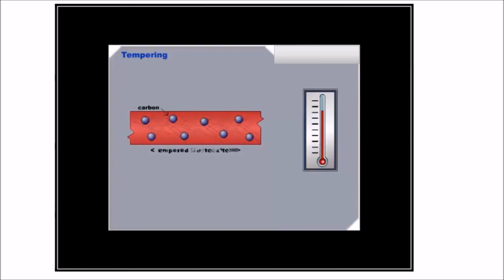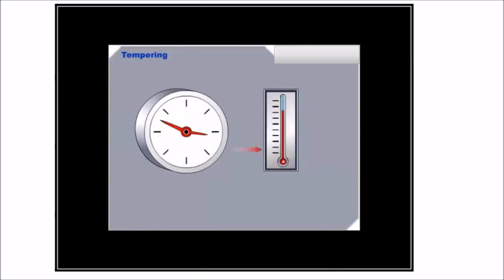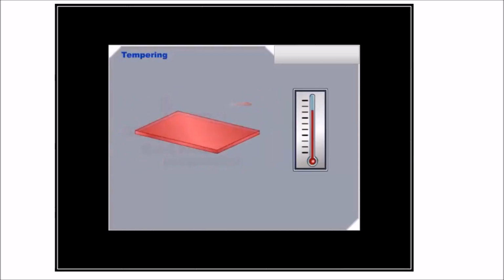This permits the as-quenched, unstable martensite to change to tempered martensite by allowing the carbon to precipitate in the form of tiny carbide particles. The desired strength and ductility can be controlled by choosing the proper tempering times and temperatures. Higher tempering temperatures result in softer and more ductile properties.